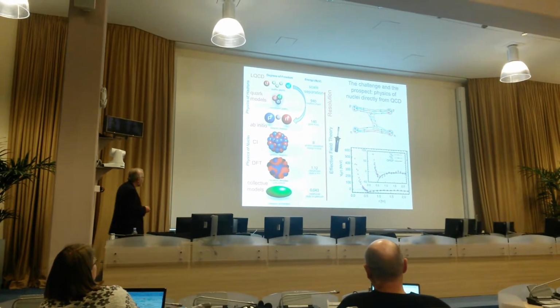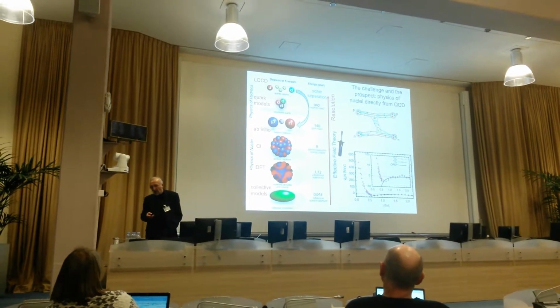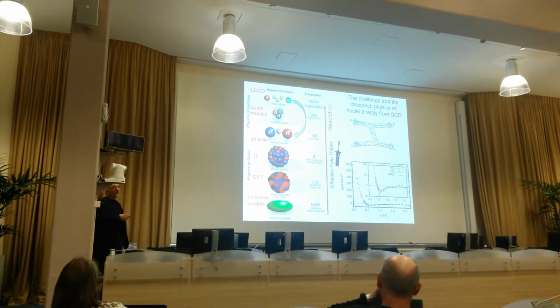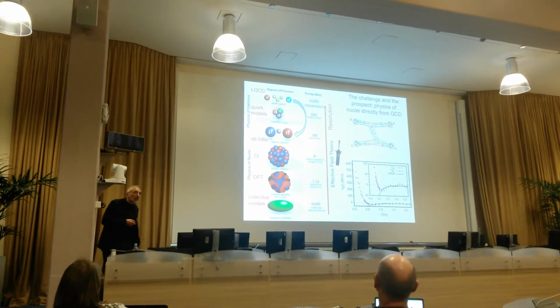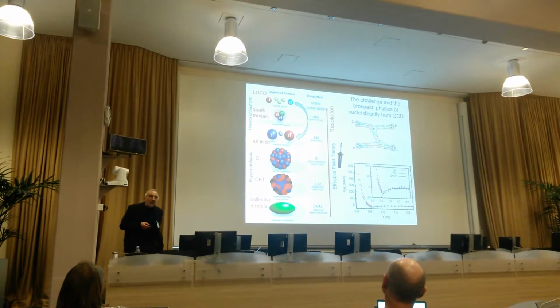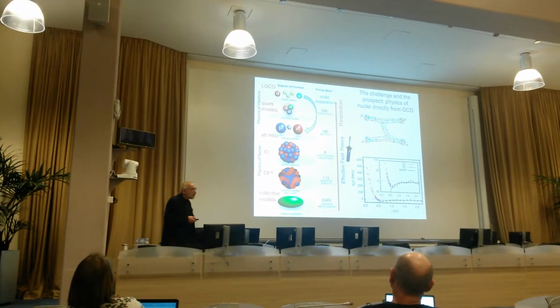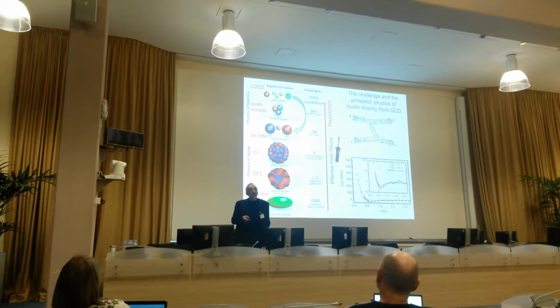So it's difficult to give a talk on nuclear theory without showing the degrees of freedom, because theory depends on the resolution. Depending on what you want to see, what you want to understand, you take the relevant degrees of freedom. If you take the wrong degrees of freedom at your resolution, you will be very sorry.